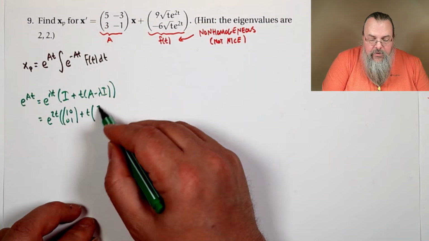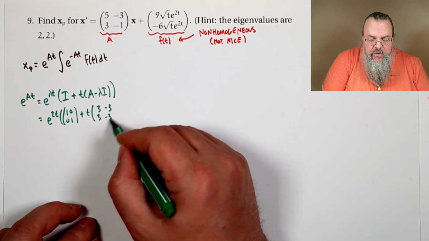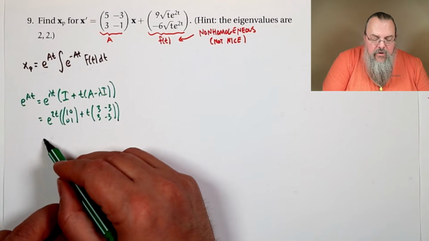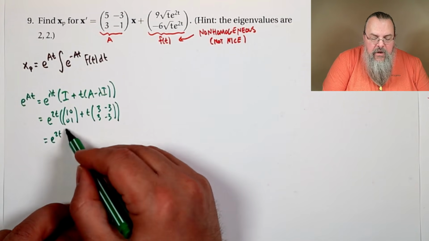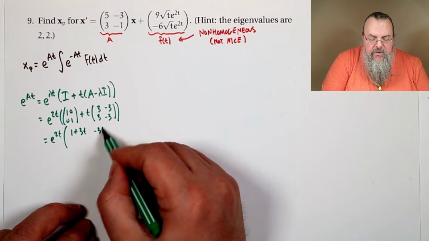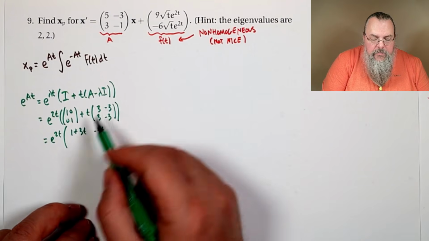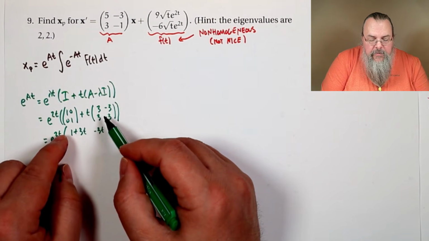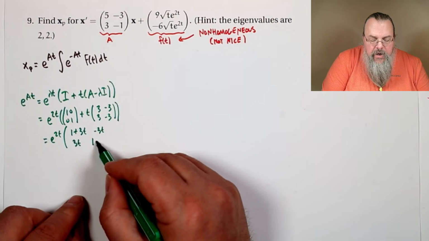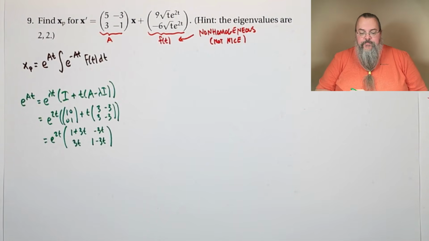And that would give us 3, minus 3, and 3, minus 3. And so e to the 2t, we have 1 plus 3t, minus 3t, and what else do we have? We have 3t and 1 minus 3t. Okay, so there's e to the at.